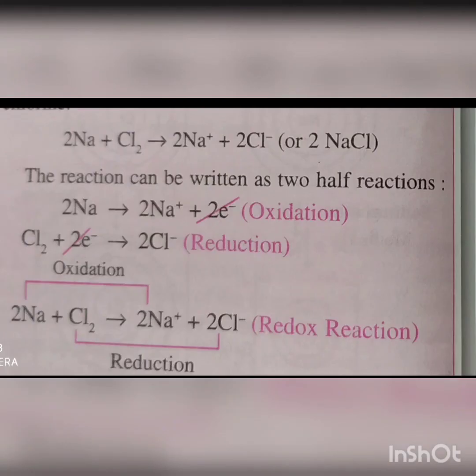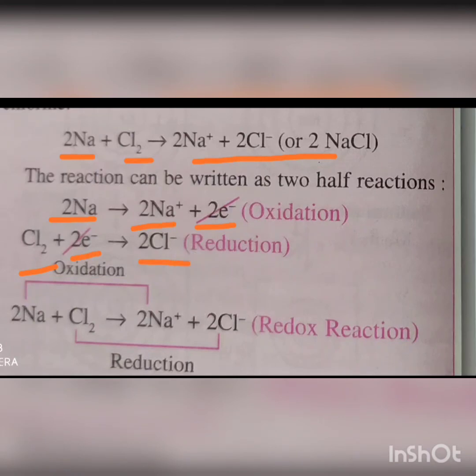For example, the formation of sodium chloride. Sodium chloride is formed by the combination of sodium and chlorine. The reaction can be written as two half reactions. 2Na gives 2Na+ plus 2 electrons. Cl2 takes 2 electrons, giving 2Cl-.